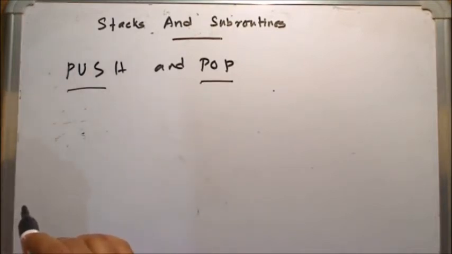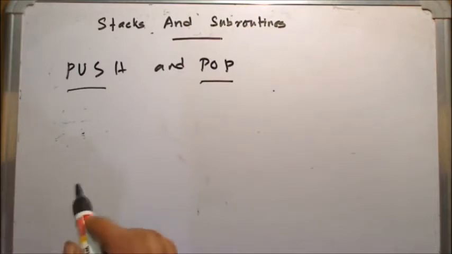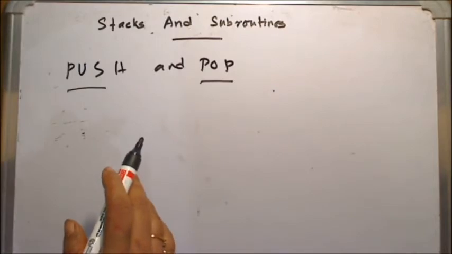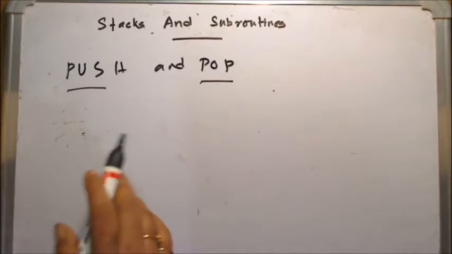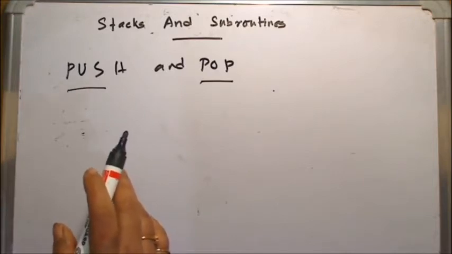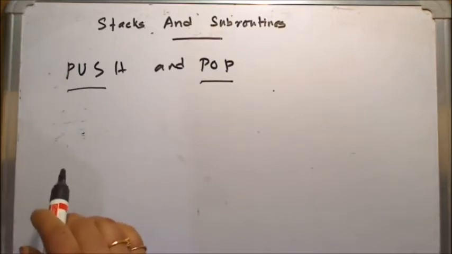So you push a new element, it will come at the top of the stack. You pop an element from the top of the stack. Of all the elements present in the stack, the one that will participate in push and pop is the top of the stack. Understood? Hence, stack pointer contains the address of the top of the stack.